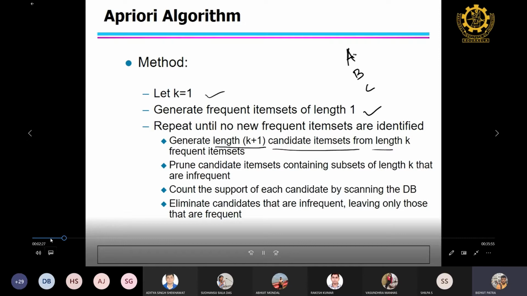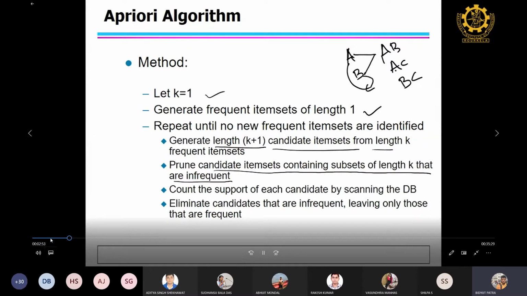Then we merge A and B, we get AB. Then we merge A and C, we get AC. And then we merge B and C, so we get BC. Then what we have to do is prune the candidate item sets containing a subset of length k that is not frequent.